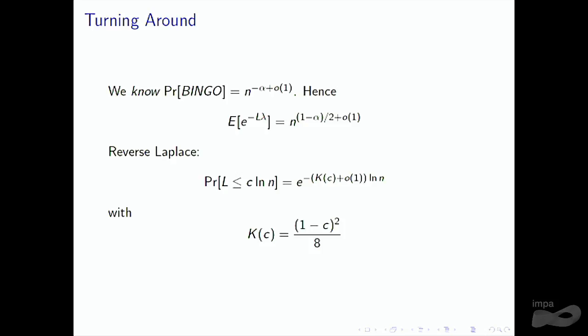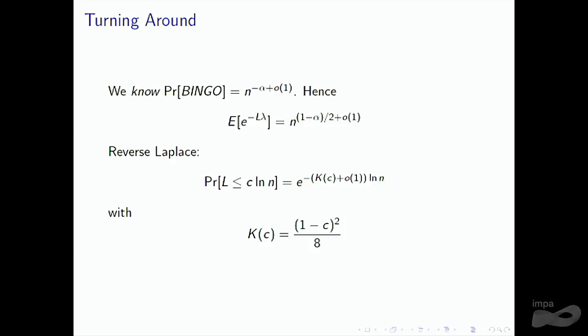So now let's turn this around and say, well, we know from this book proof using continuous time what the probability of bingo is. Therefore, we can use that and turn this thing around and solve for the Laplace transform. And again, these plus little o1s could be made much more precise.